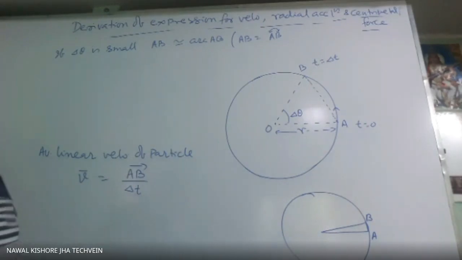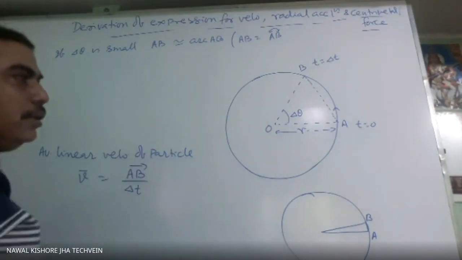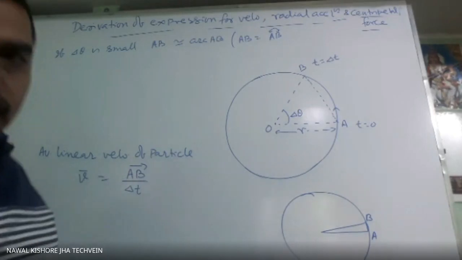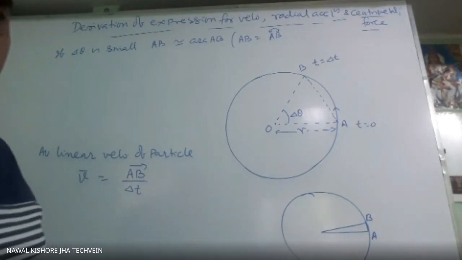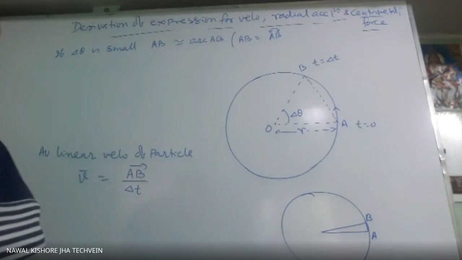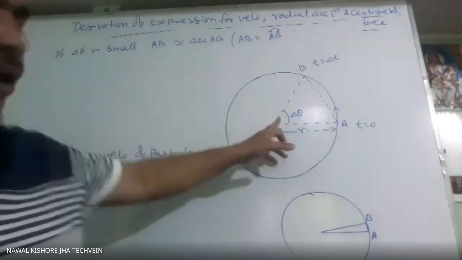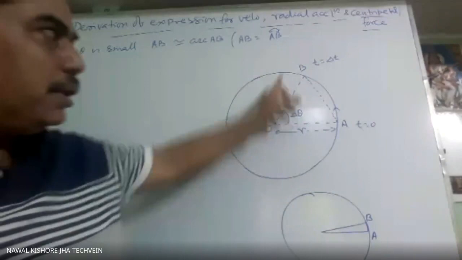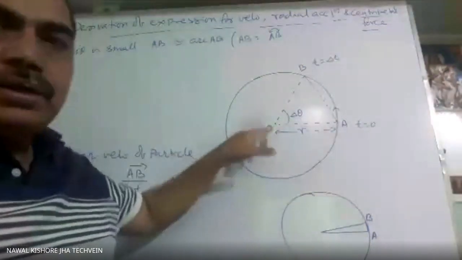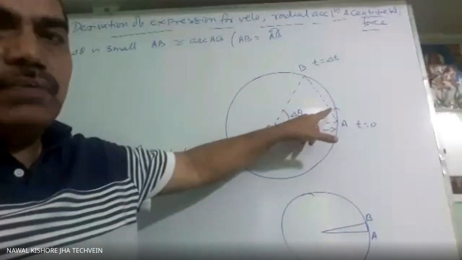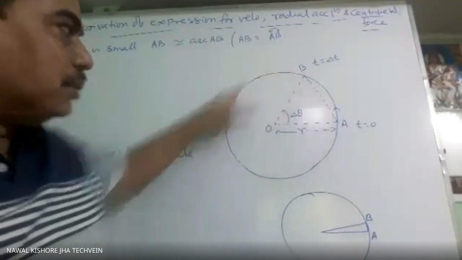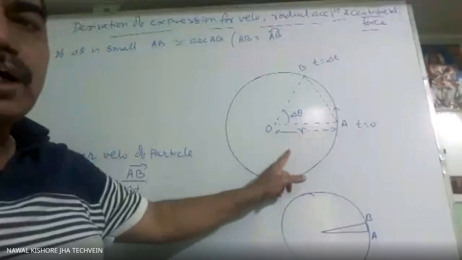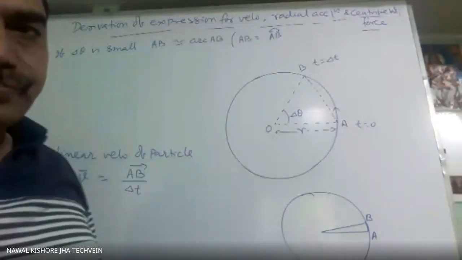Now, in trigonometry, you might have learned that theta equals L by R. The angle subtended by the radius vector at the center is the length of arc by radius. For the total circle, the length of arc is 2 pi r, by r, so it is 2 pi.